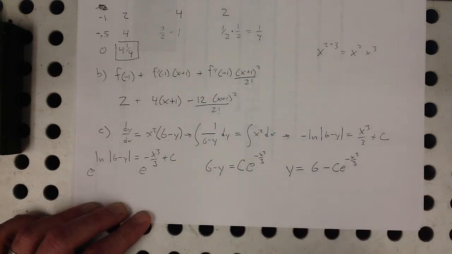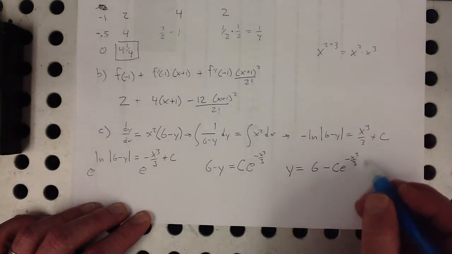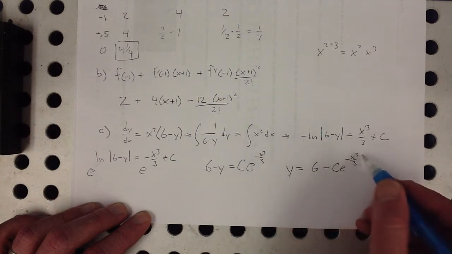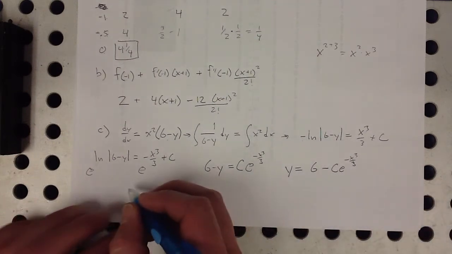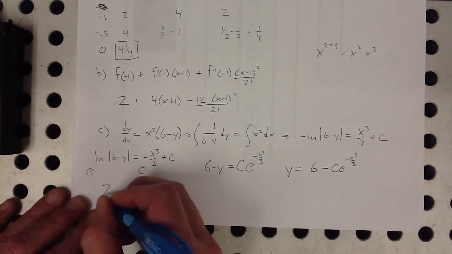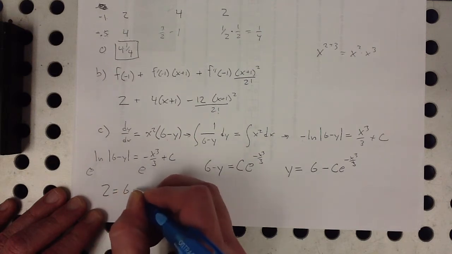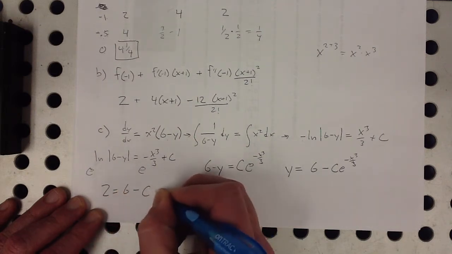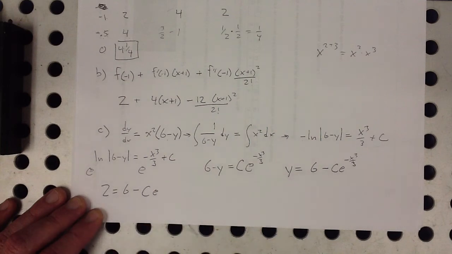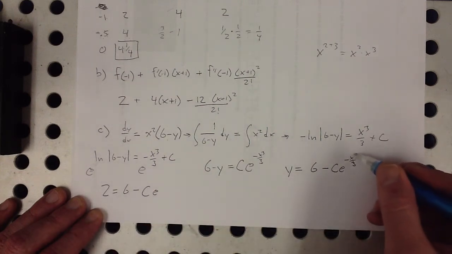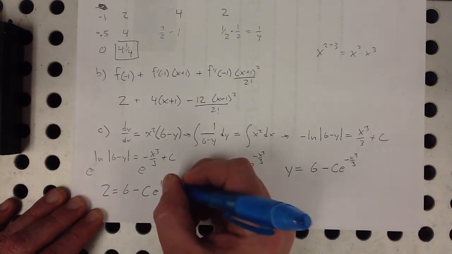So what is our point? Our initial point is the point negative 1, 2. x is negative 1, y is 2. So 2 equals 6 minus c e, x is negative 1, so with that negative sign, that'll be e to the 1/3.